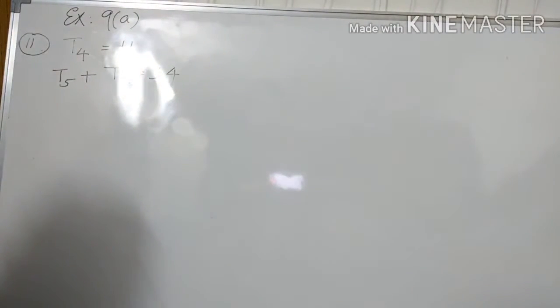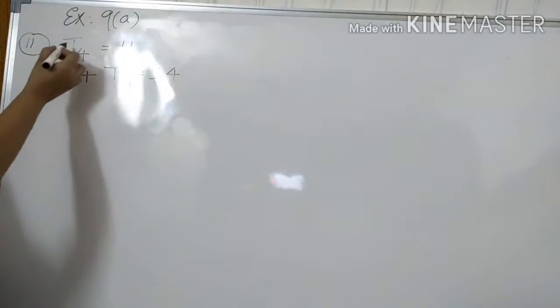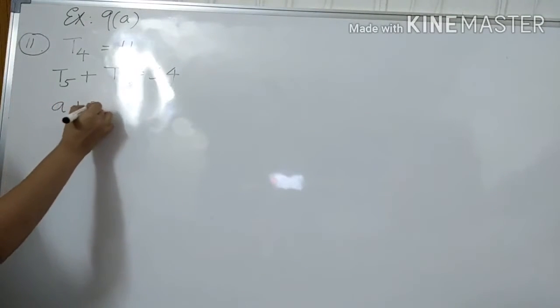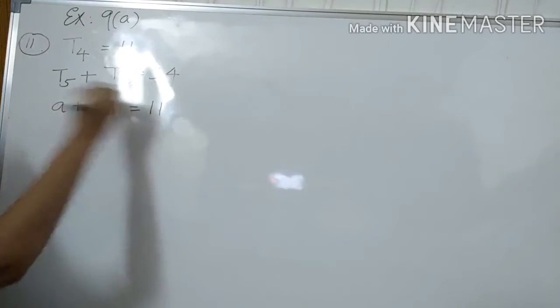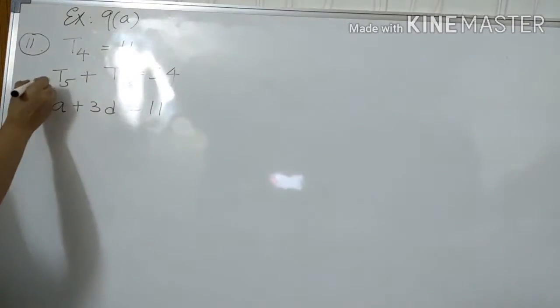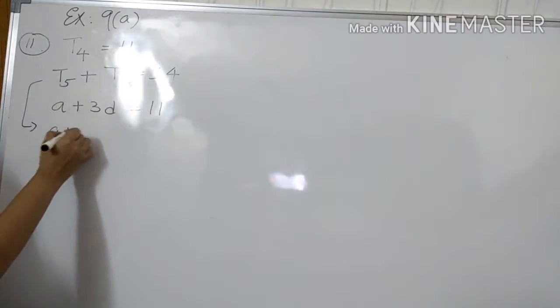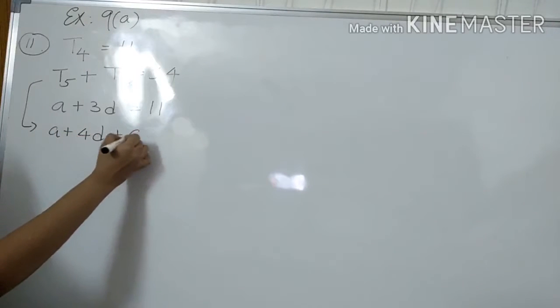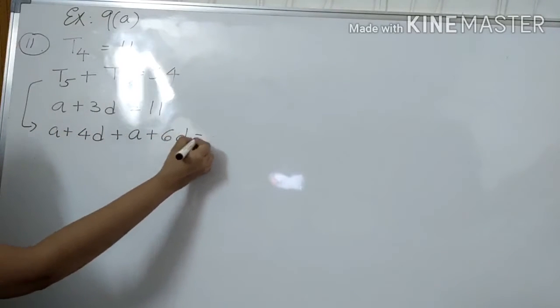Find its common difference, meaning what we want to find is common difference D. So from the first relation I can write A plus 3D is equal to 11, and from the second relation we get A plus 4D plus A plus 6D is equal to 34.